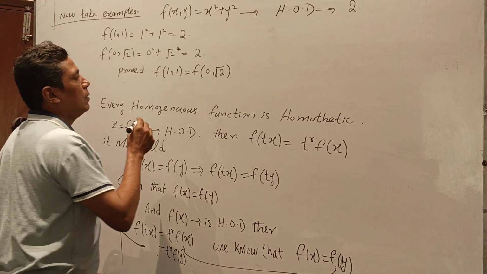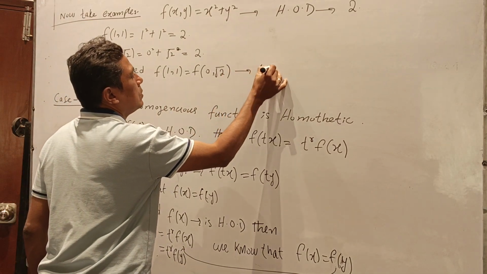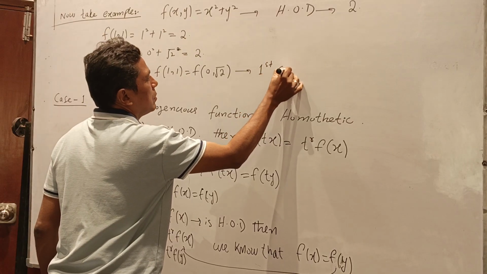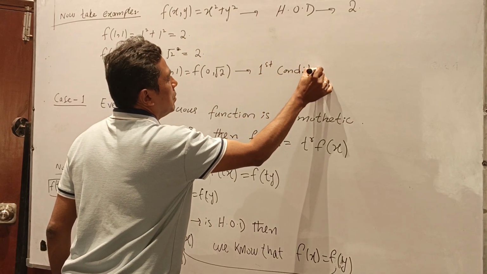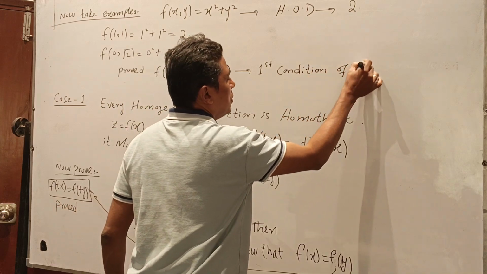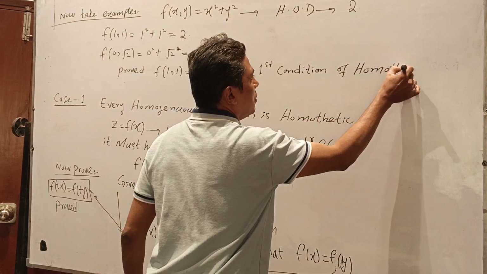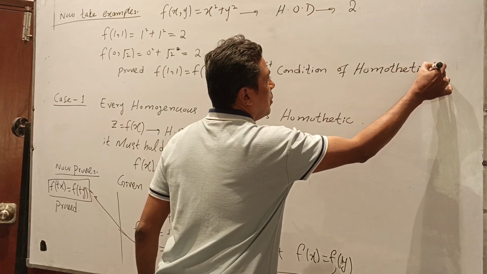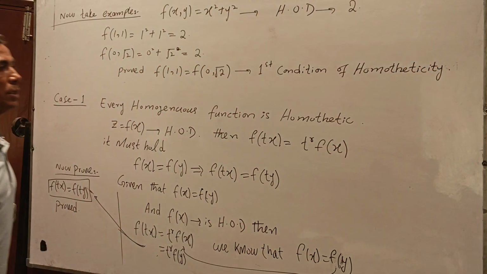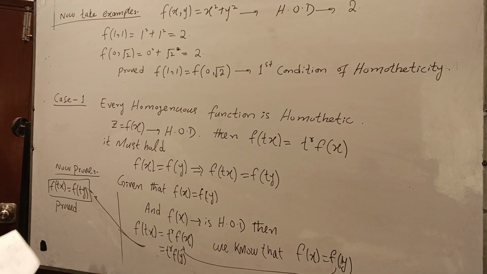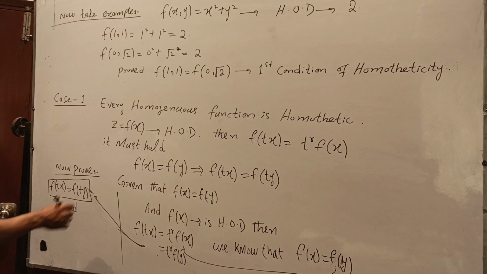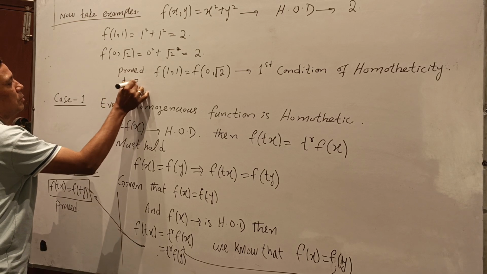So that is the first condition of homotheticity. Now the second condition is what? Take t equal to 3.